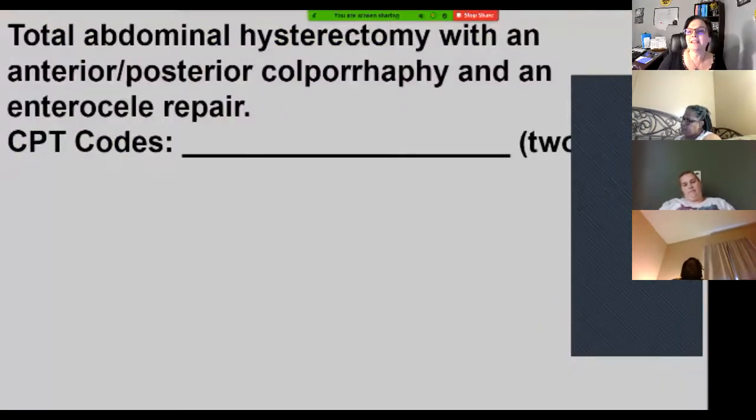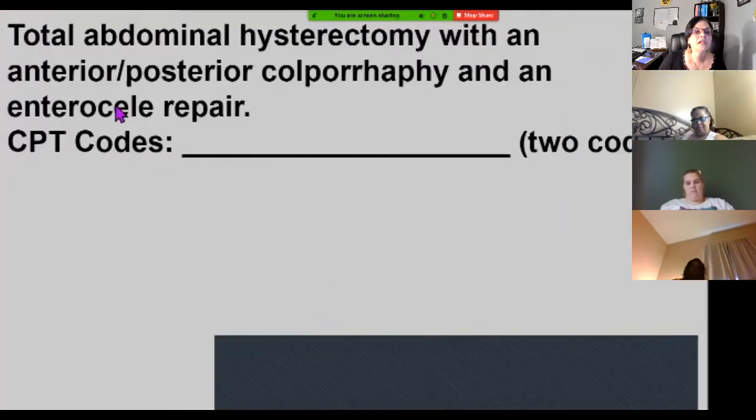All right, this is our grandmaster here because there are two codes. Total abdominal hysterectomy with an anterior, posterior colporrhaphy and an enterocele repair.